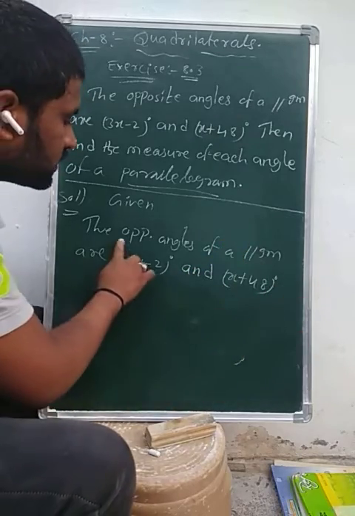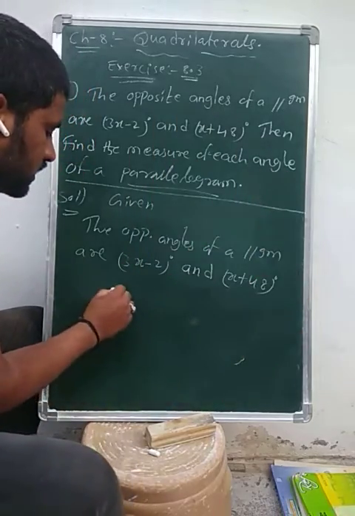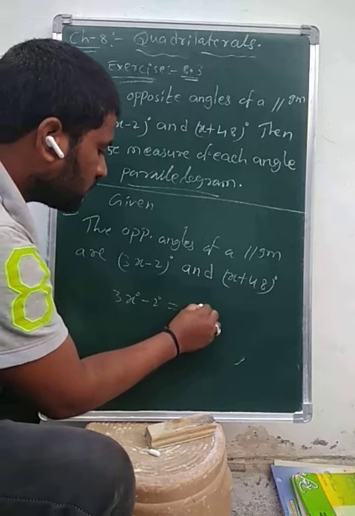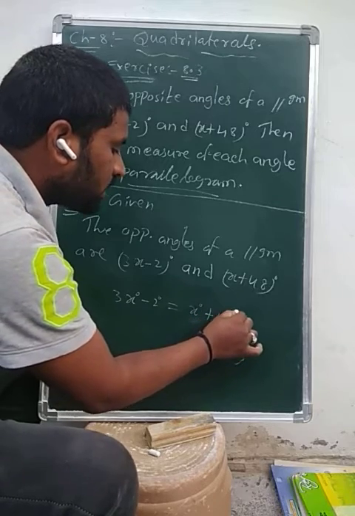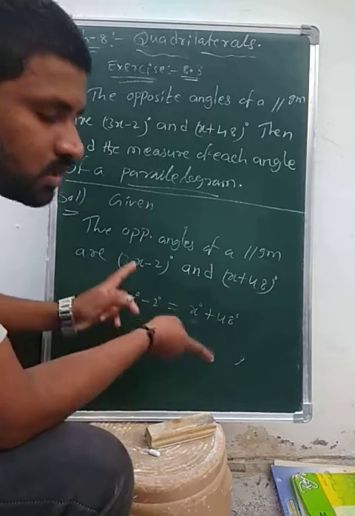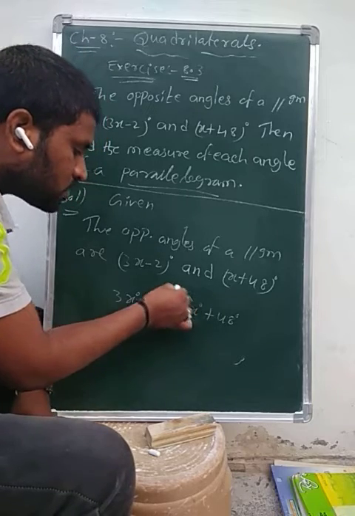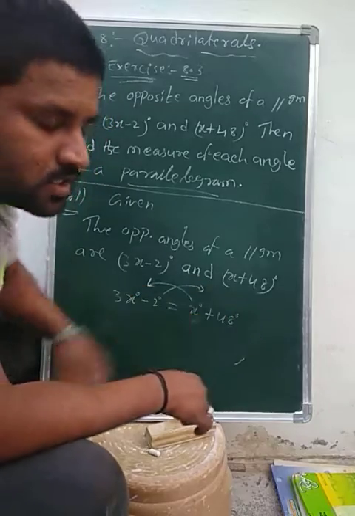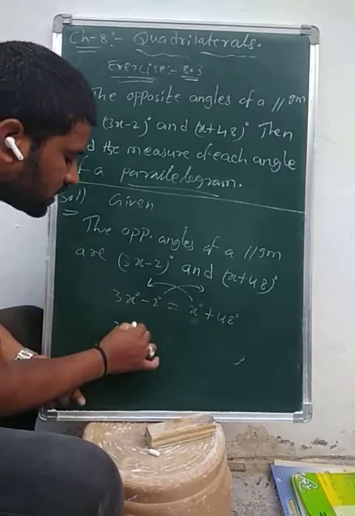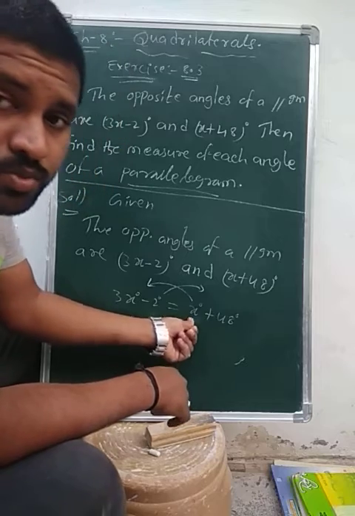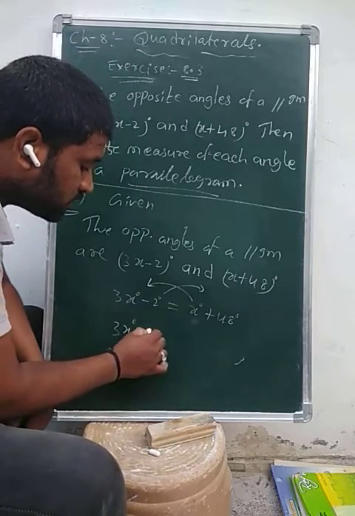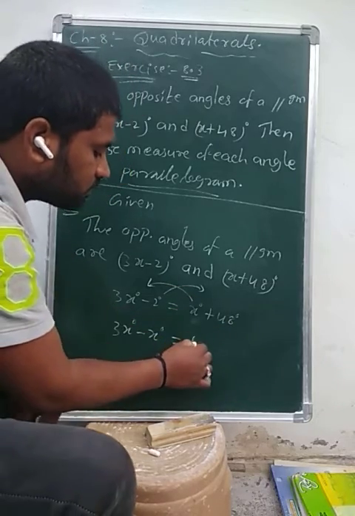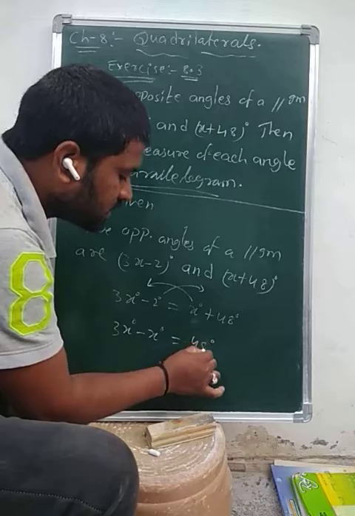Opposite angles of a parallelogram are equal. That is, 3x degrees minus 2 degrees is equal to x degrees plus 48 degrees. By transposing the terms, x degrees transposes to the LHS and minus 2 degrees transposes to the RHS. Already on the LHS 3x degrees is there. X degrees transposing to the LHS becomes minus x degrees, equal to 48 degrees on the RHS.